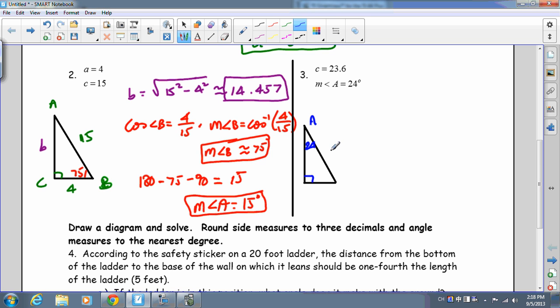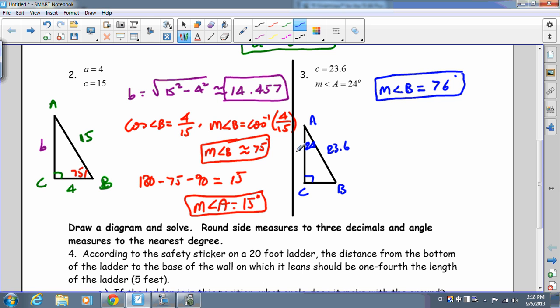We have C is 23.6. Knowing that this is C and this is B, the first thing you can look for is the measure of angle B, which, using the fact that the sum of all angles in the triangle is equal to 180, you will understand that B is equal to 76 degrees.